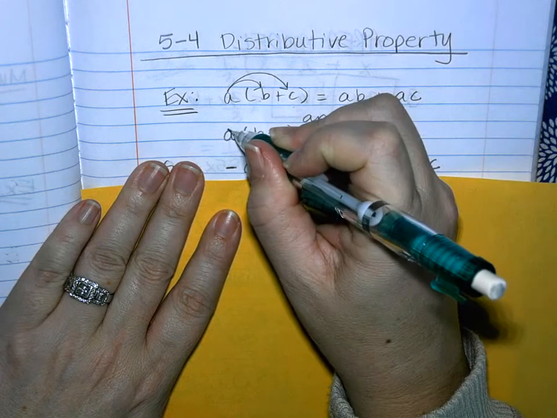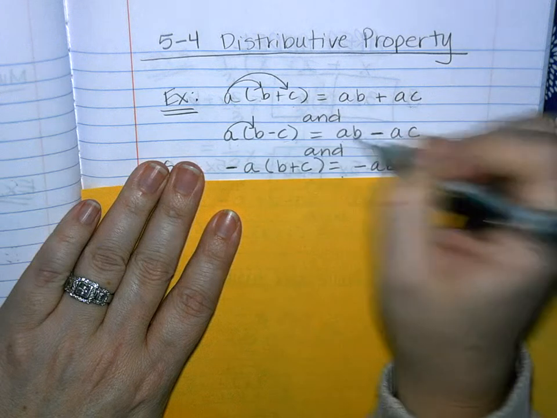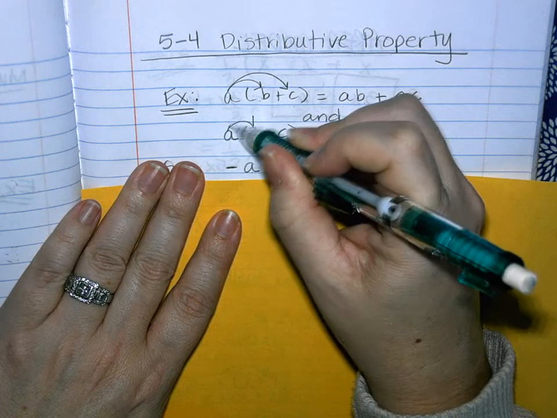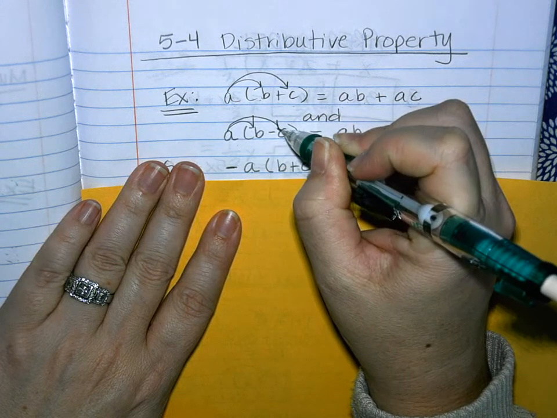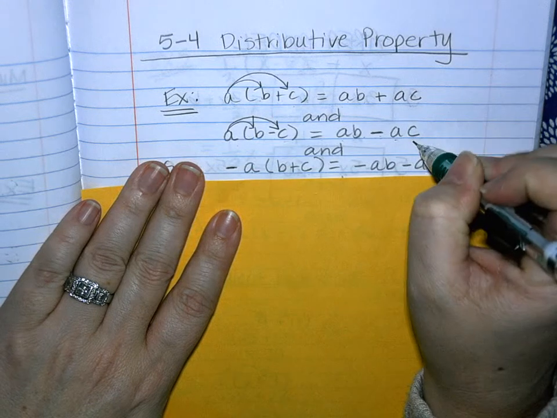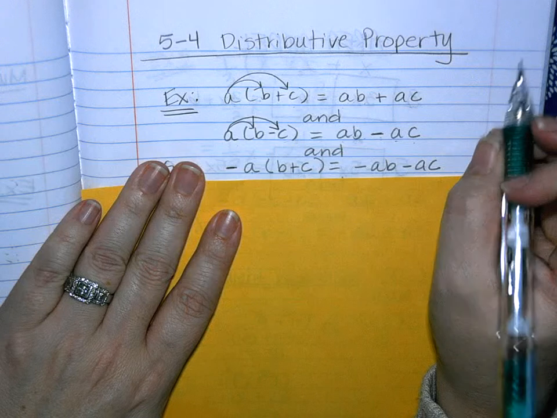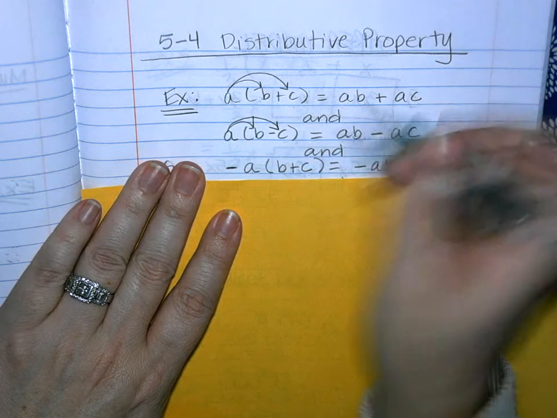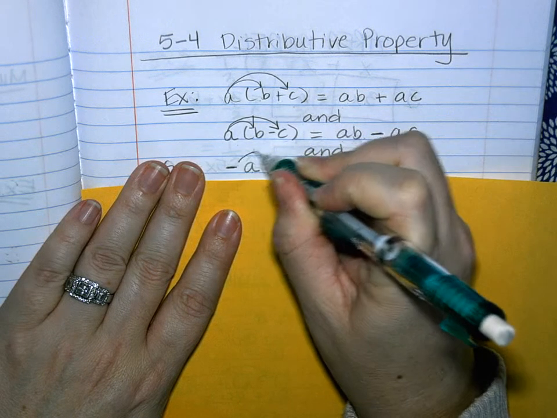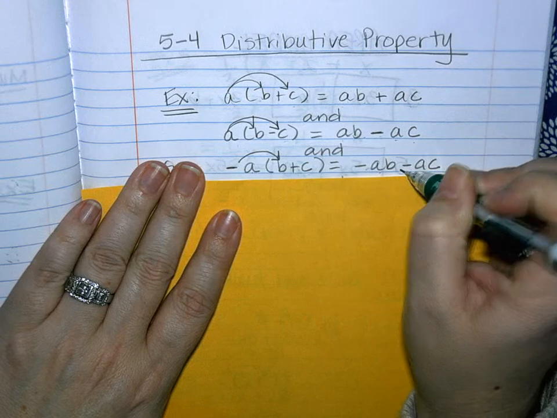Now the second one, let's draw the rainbows. A times B is AB, right? And A times a negative C is a negative AC. Okay, and then let's look at the third one. Negative A to the B makes a negative AB.